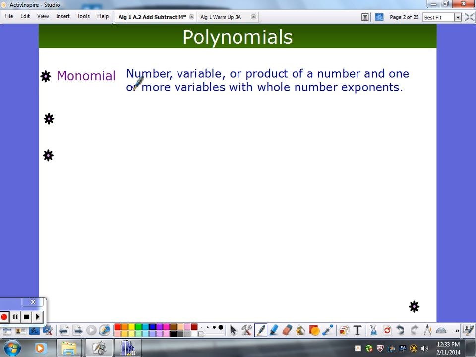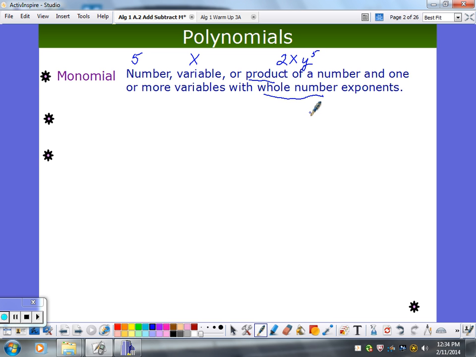So here's the official definition. A monomial is a number. That's an example. A variable. That's a monomial. Or a product. What does product mean? Multiply, right? A number and one or more variables with whole number exponents.